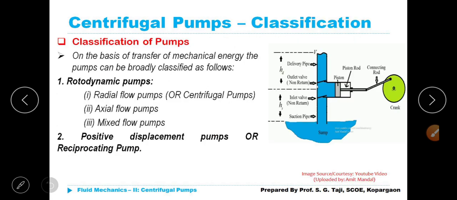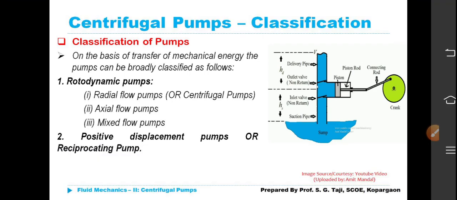Now, centrifugal pumps classification. How it is classified, we will see.